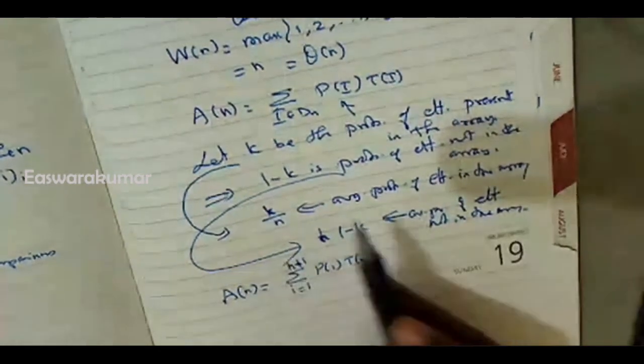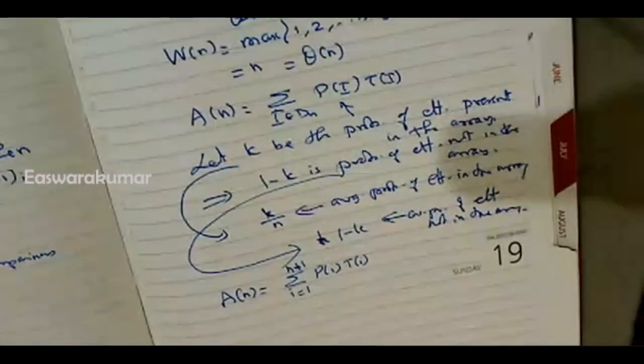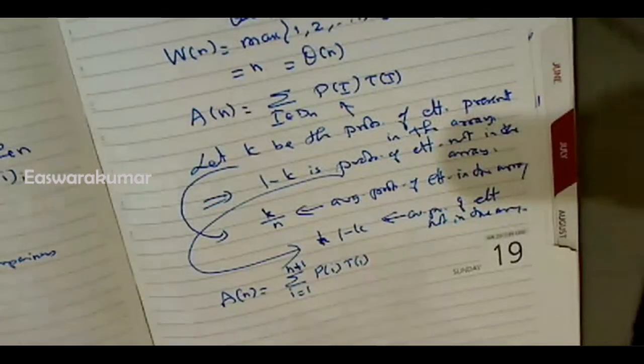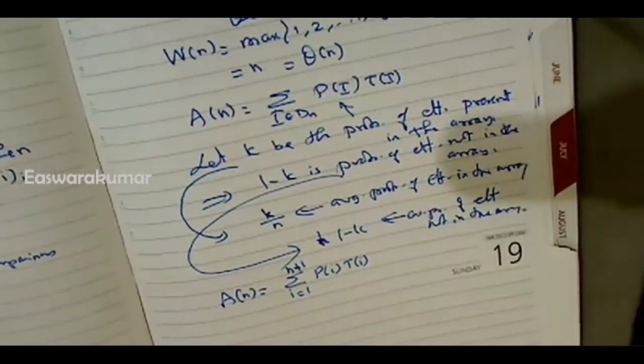Actually, the array is 1 to n, right? Then why have we taken 1 to n plus 1? Because we have to consider element not in the array also.